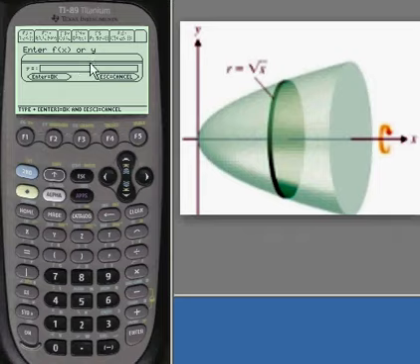We're going to enter the actual function. You have to press alpha first, and the function I want to do right now is 2 times the square root of x. Close off the parentheses and enter the limits.